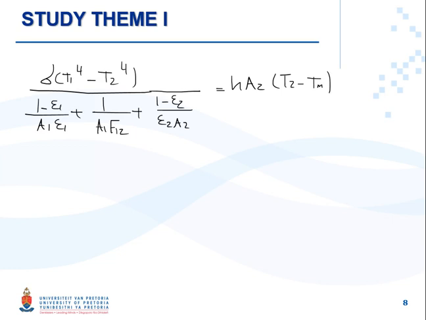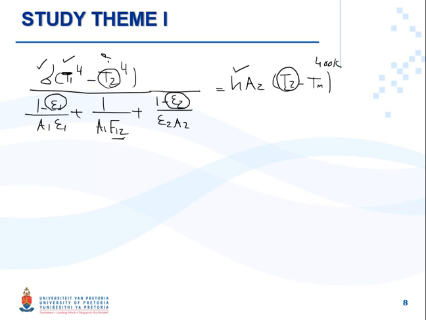Okay, so from here we have the Stefan-Boltzmann constant, we have the temperature of surface 1, which is 1000. T2 we don't have. h we just calculated. Tm we have, it is 400 Kelvin. Epsilon 1 we have. Epsilon 2 we have.